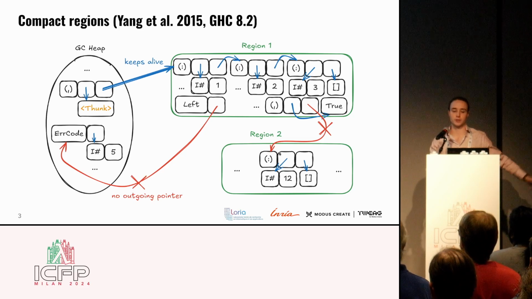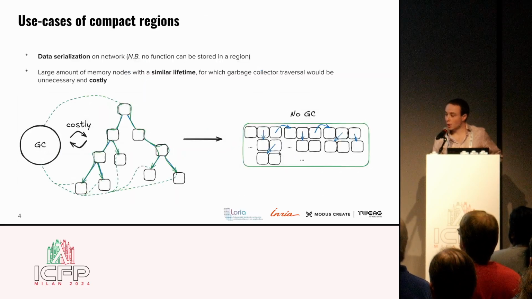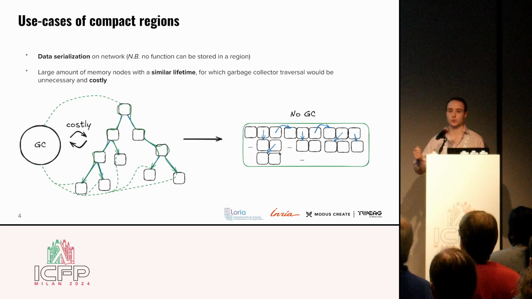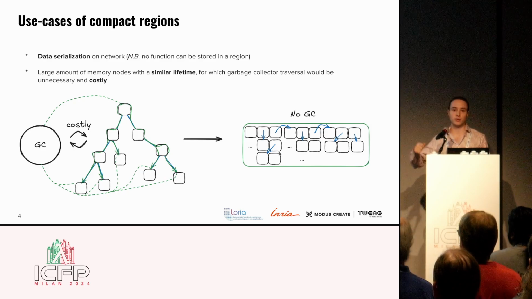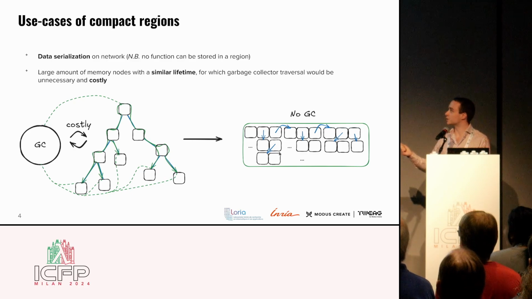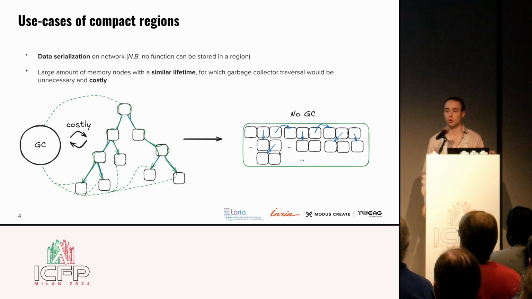So one first interesting use case of compact region is data serialization, of course. When you have several Haskell programs wanting to exchange data over the network with no parsing overhead, because compact region use exactly the same memory representation as the normal GC heap, so you can exchange data without any parsing overhead.